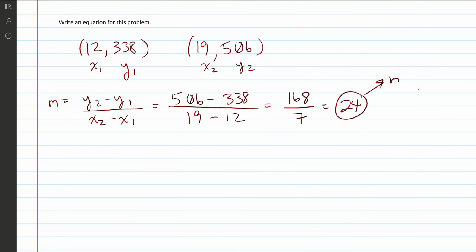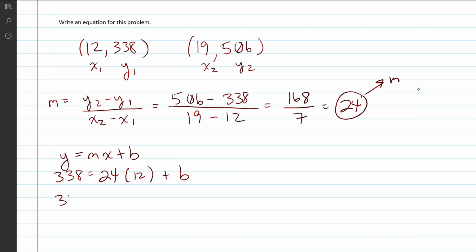So the next part of the problem, we want to always find the y-intercept. We're going to use y equals mx plus b and just plug in everything that they gave us. They gave us the y, initially up here, is 338. We just found the slope, that's the m, which is 24. And they gave us the x above, which is 12. And we're solving for b, which is the y-intercept, because that was the second thing we did on the last problem.